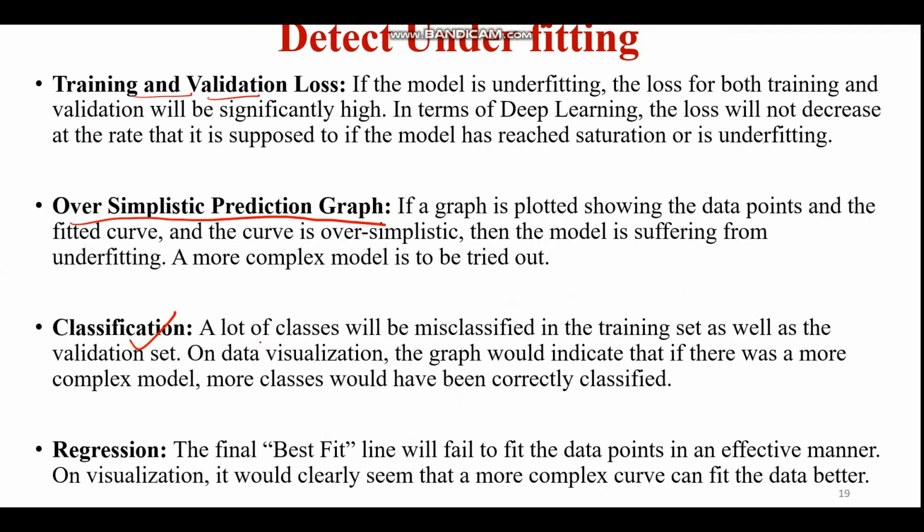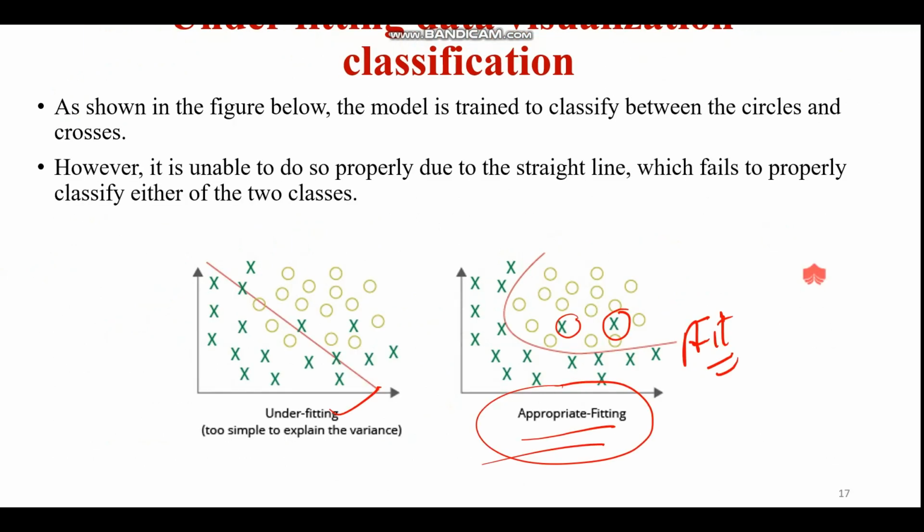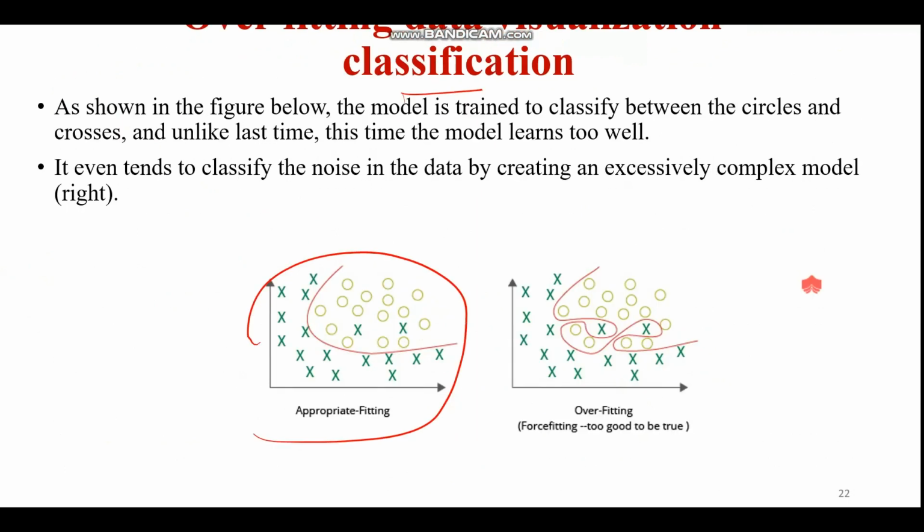As we have discussed in previous slides, appropriate fitting looks like this in classification. So if this is appropriate fitting, and we try to classify these points more correctly like this.